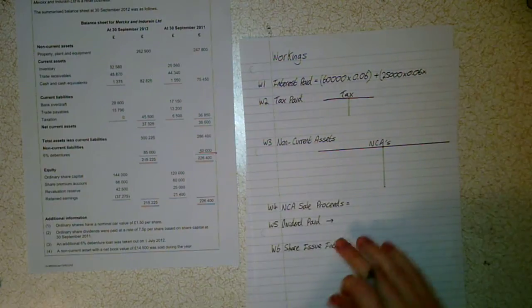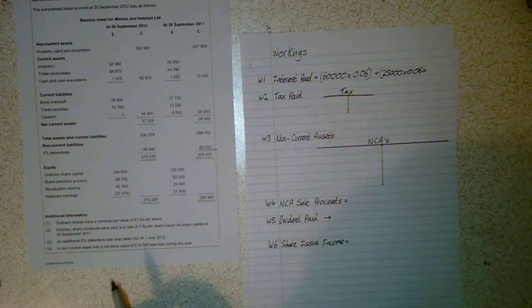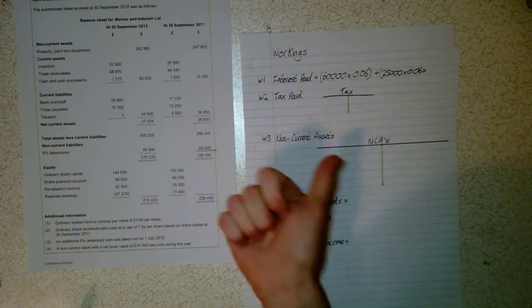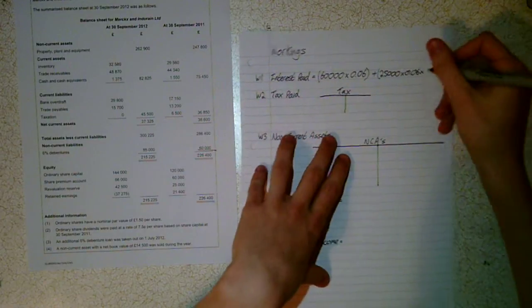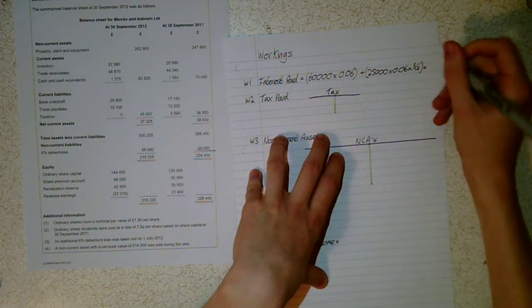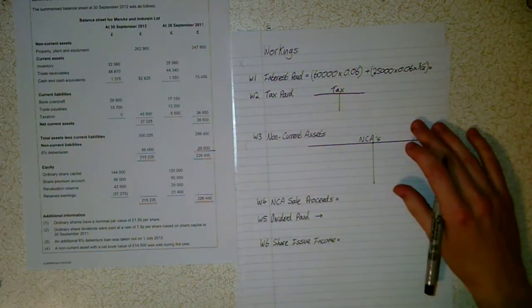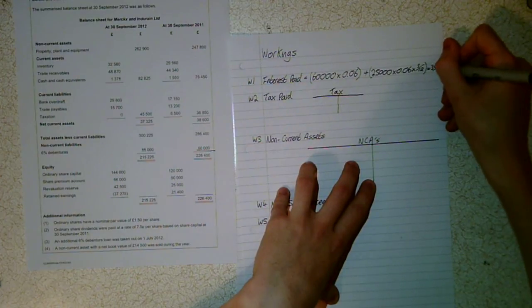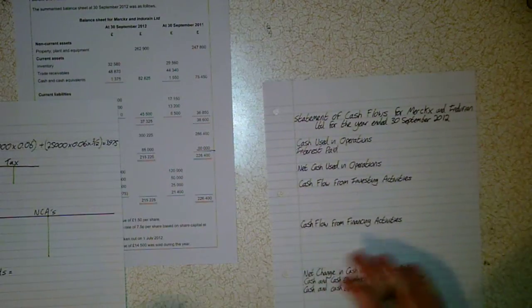However, we've only had it for 3 months, this debenture loan, because our year end is the 30th of September, so we've only had the loan for July, August, September. So what we're going to put here is just 3 over 12. And that's just going to give me an interest figure of 3975.